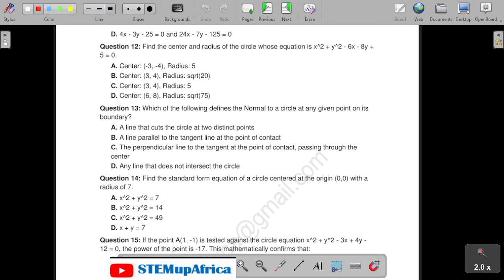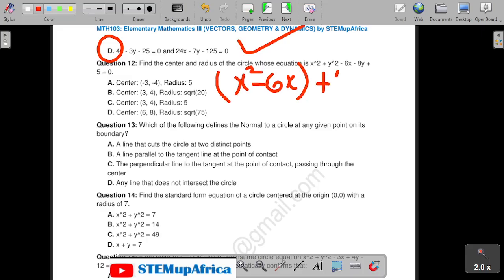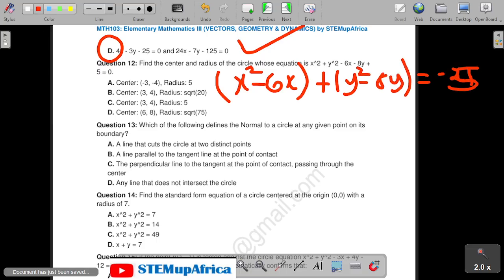So we're going to have option D as our results. Now find the center and radius, using the same implicit function. By rearranging, I'm going to have x squared minus 6x plus y squared minus 8y equals minus 5.